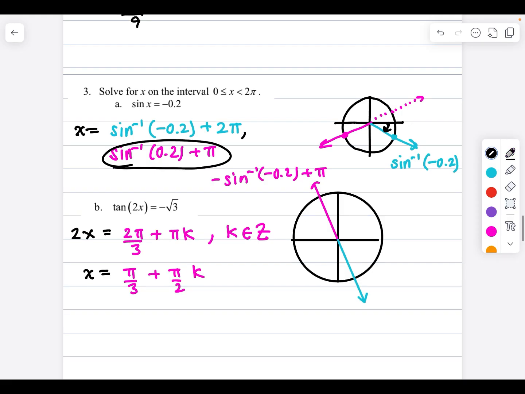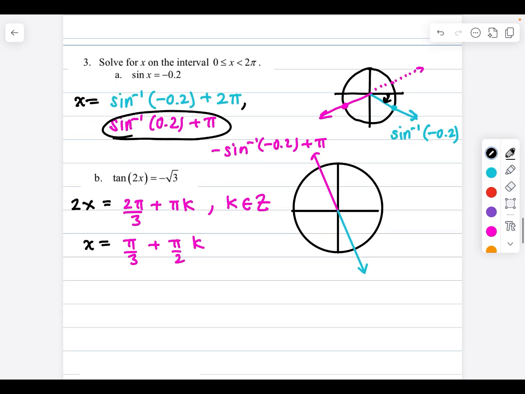Now the directions say they only want solutions between 0 and 2 pi. So one of our solutions is pi over 3. But now if we let k equal 1 and you add pi over 2 to that, I'm just going to create a common denominator real quick. So pi over 3 is the same thing as 2 pi over 6. Pi over 2 is the same thing as 3 pi over 6 times k.